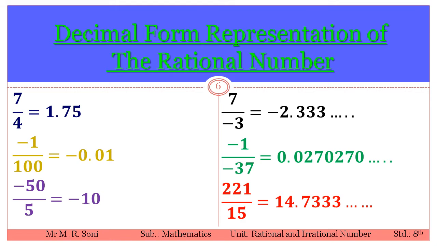On the right hand side, the examples are shown with repeated decimals or repeated digits. Both types of examples are examples of rational numbers in decimal form representation. Observe closely.